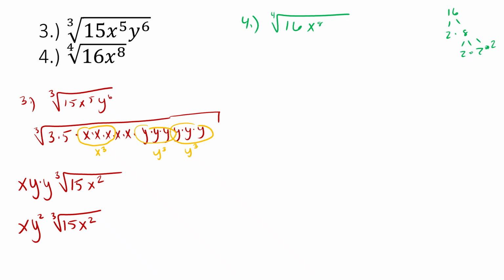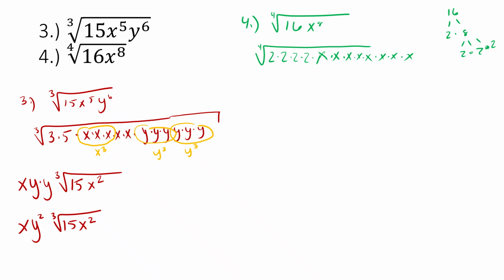All right. So we're going to have 4 and 2, so 2 times 2 times 2 times 2, and then 8 x's. What was I thinking when I wrote this problem? 1, 2, 3, 4, 5, 6, 7, 8. And we are looking for groups of 4.